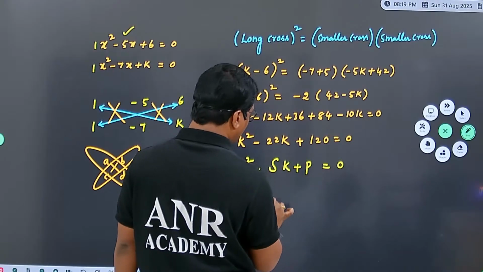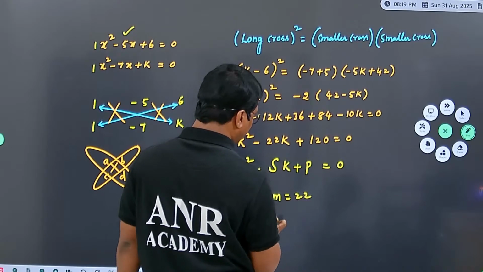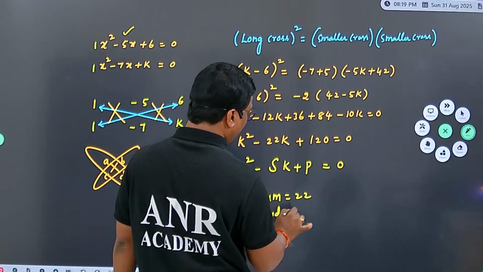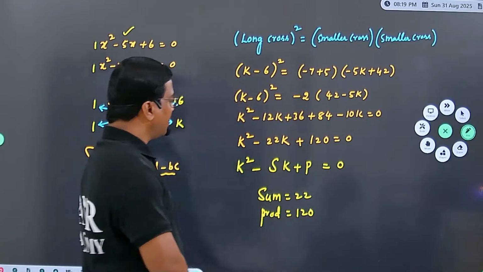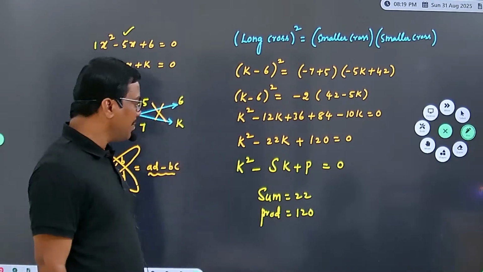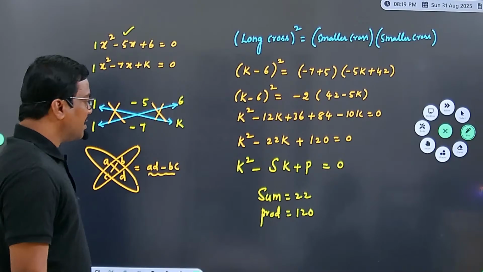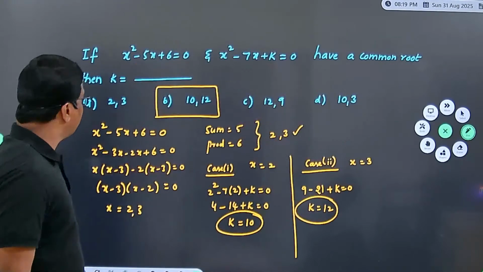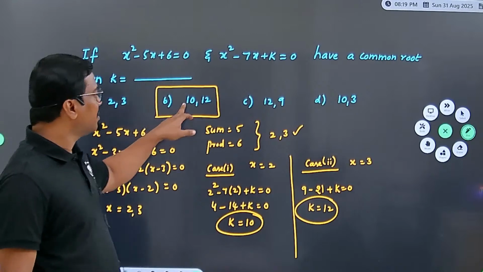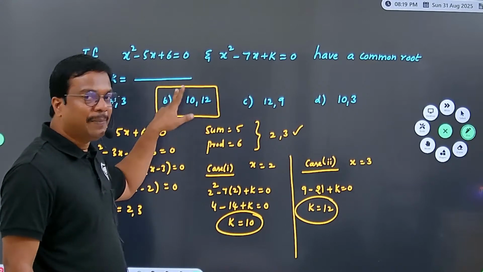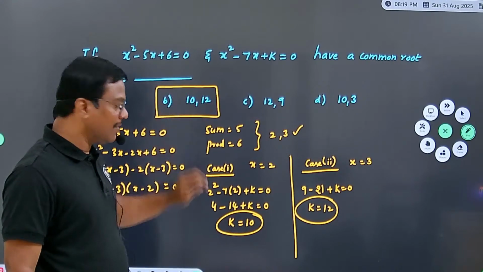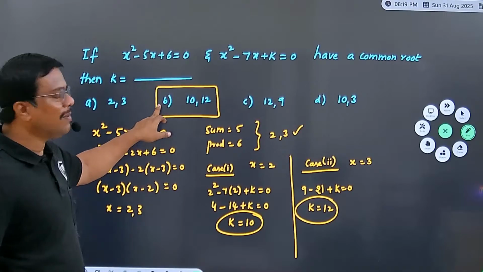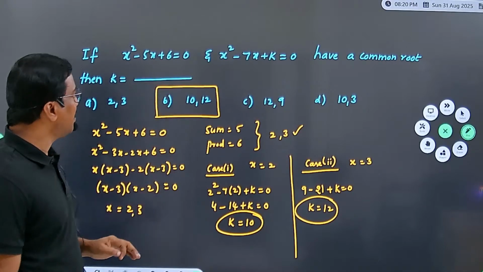Here sum 22, product 120. Let us cross check the possibilities in the options. Sum should be 22, product should be 120. Yes, sum of the terms 12 plus 10 is 22 and product of the terms 12 into 10 is 120. Only one possibility, that is option B, the right answer.